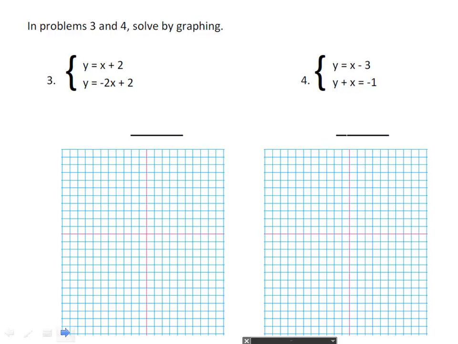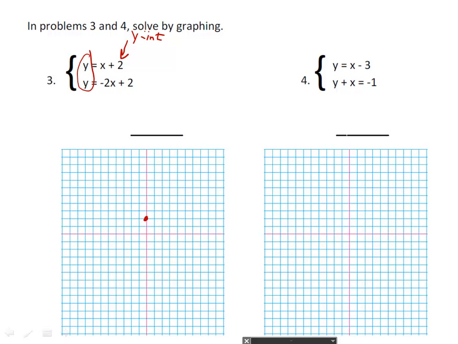Graphing, solving by graphing. Okay, here both of these equations are in slope-intercept form, and they want us to solve it by graphing. And so we have to remember what these various parts are. This is the y-intercept, the number at the end. That's my starting point. So I have 2 on the y-axis. It's the y-intercept. Now, the slope is always the number in front of x.